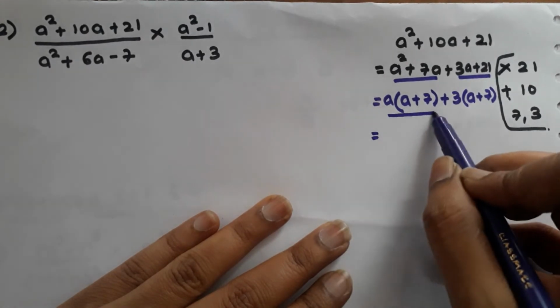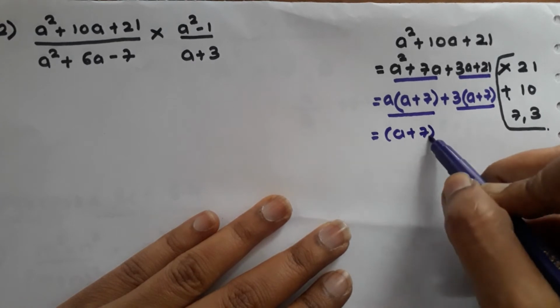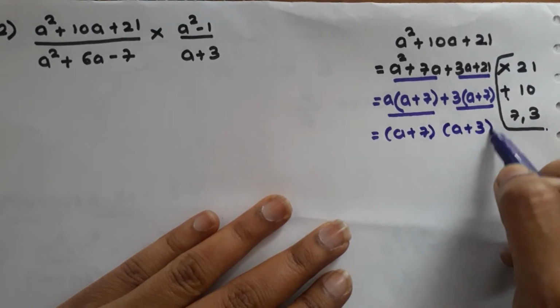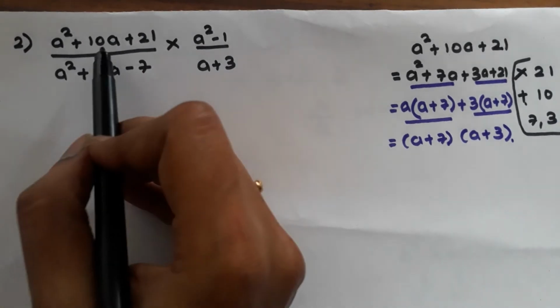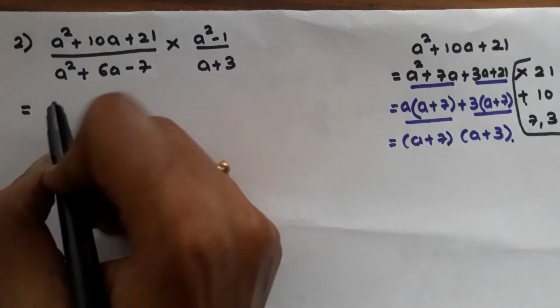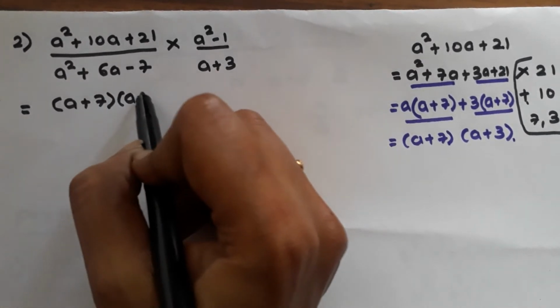Now again take common from both these terms. a plus 7 is common, a plus 3. So now in place of a square plus 10a plus 21, we will write its factor a plus 7 into a plus 3.